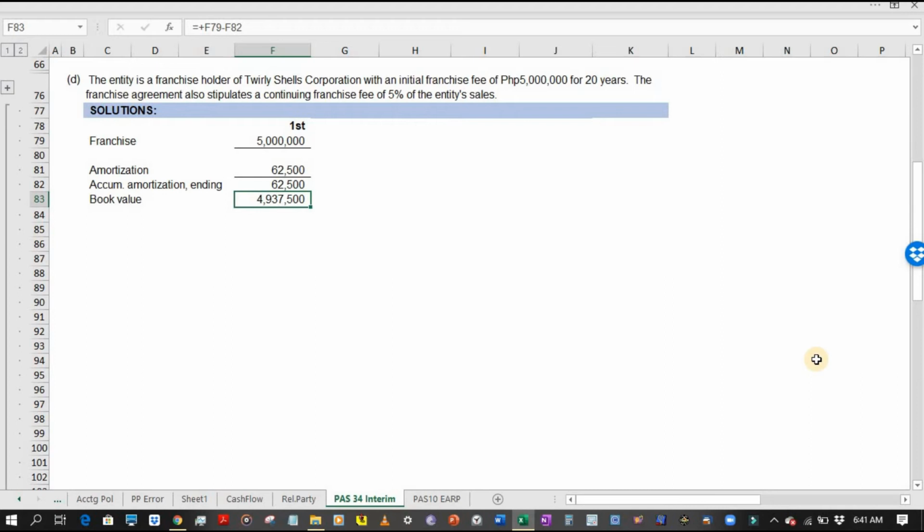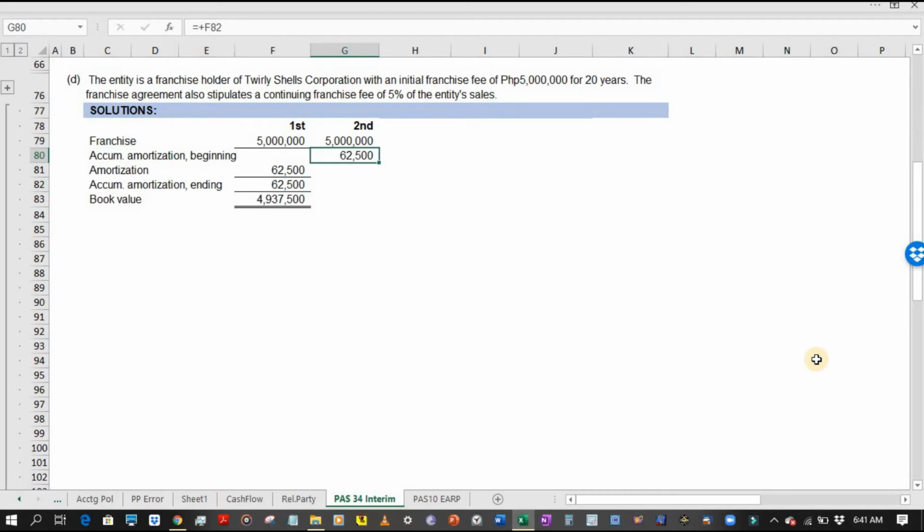Now let us proceed to the second quarter. Let us start with the franchise cost of 5 million pesos. As of the start of the second quarter, we already have a beginning balance of accumulated amortization. The accumulated amortization at the start of the second quarter is the ending balance for the first quarter, and that is 62,500 pesos.